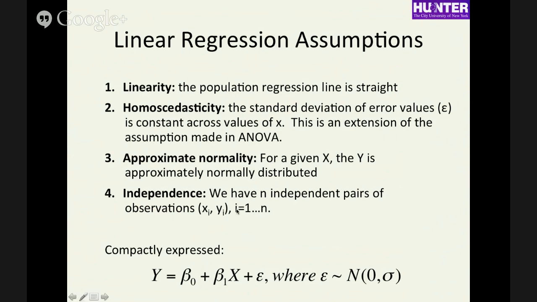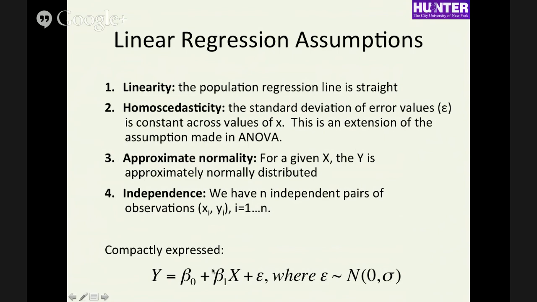This is just a compact expression that actually contains all of these assumptions. That is to say that the errors being normally distributed, that's saying that the errors for any value of x are the same, right? If homoscedasticity were violated, then the errors would have to be different for different values of x.